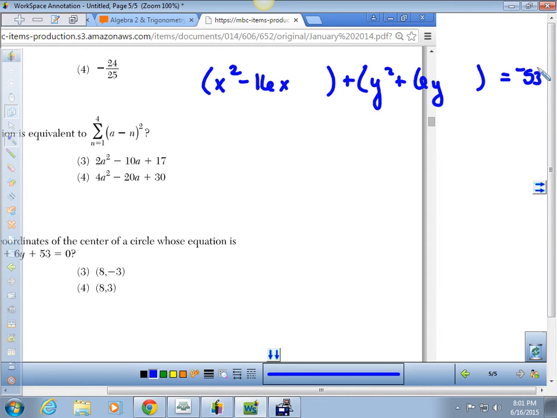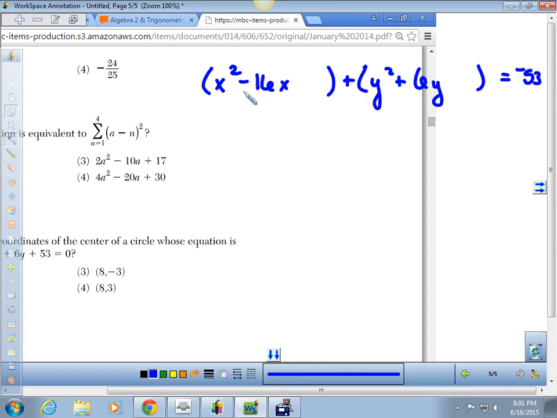Why did I leave room in those parentheses with the x's and the y's? What do we have to do? We've got to complete the square. Okay? So how do we complete a square?